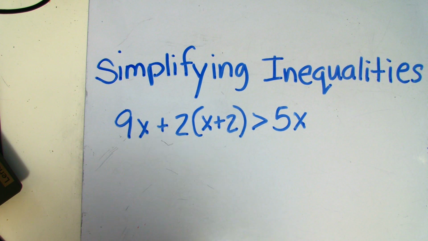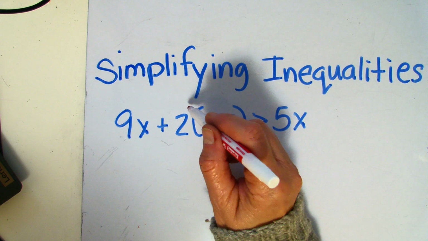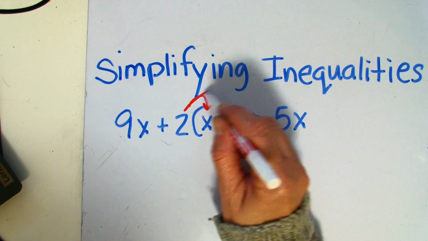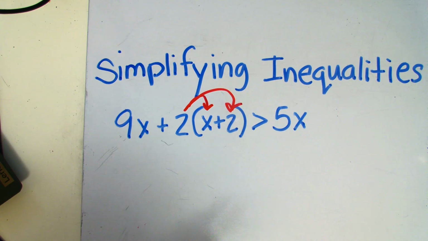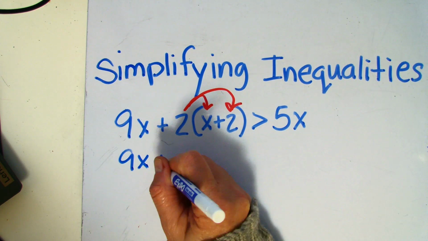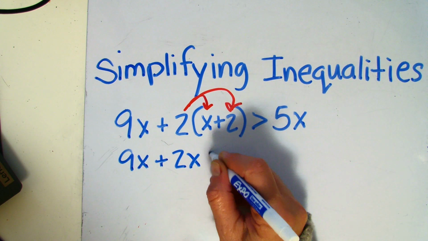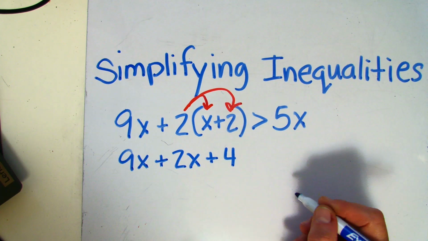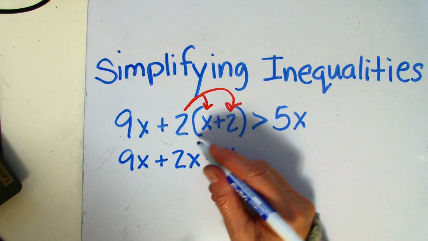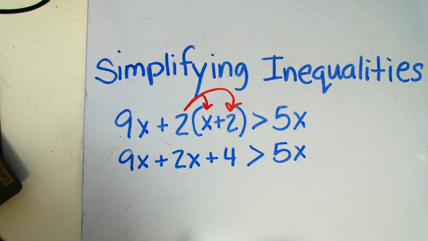Remember that distributive property means that I'm going to multiply this factor to each term within the parentheses. This is going to become 2x plus 4. The parentheses are gone, and I'm going to write everything out again.